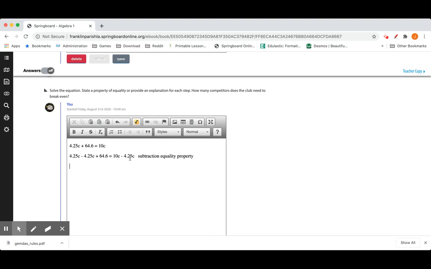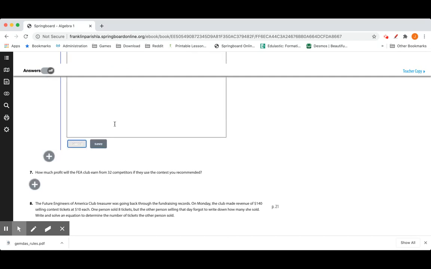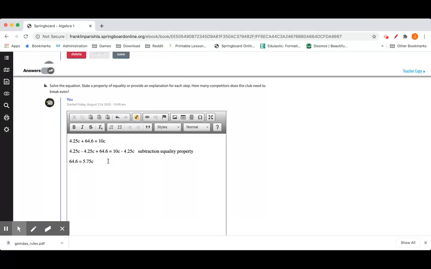4.25c minus 4.25c is 0, so we're left with 64.6. 10c minus 4.25c will give us 5.75c, combining like terms.